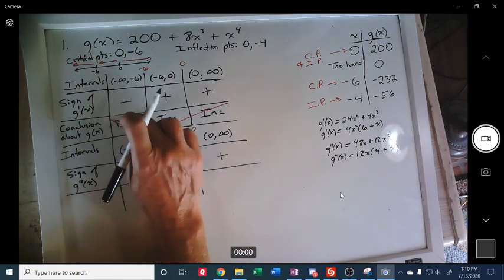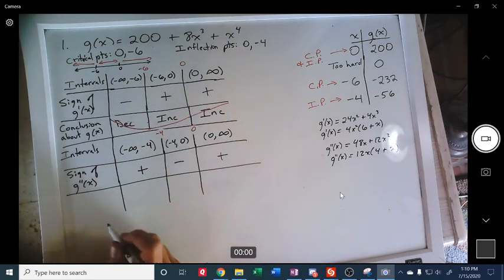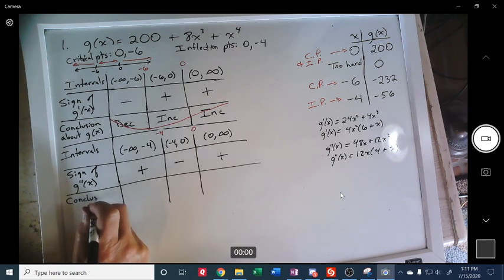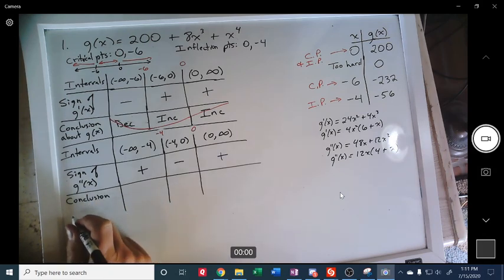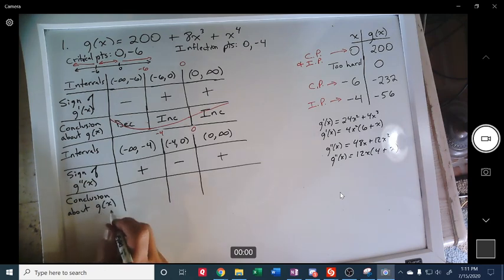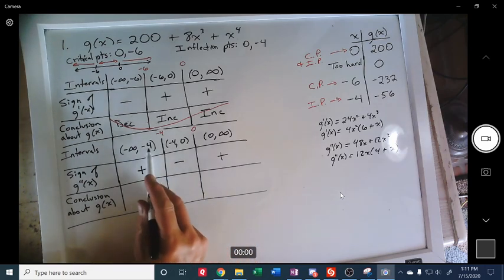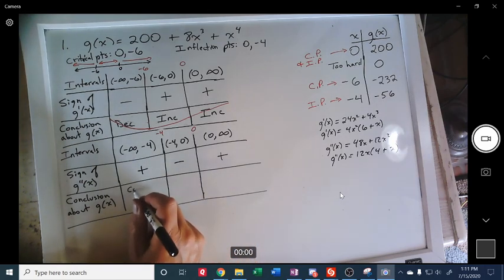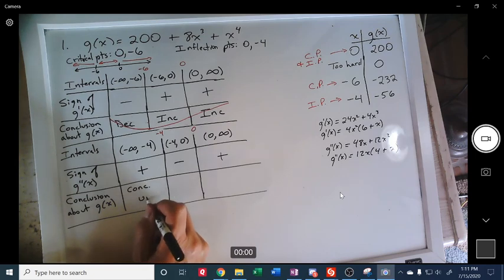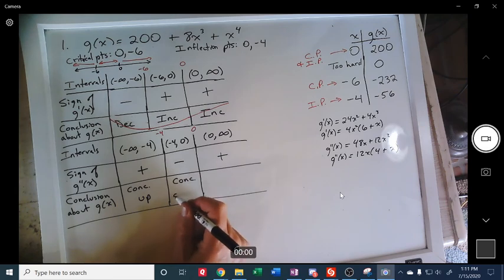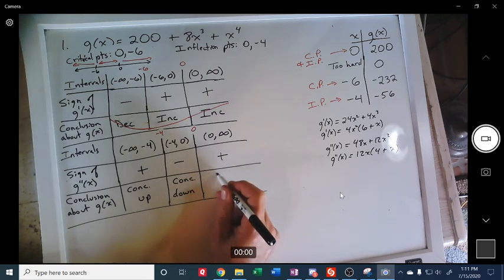Now, sign of G prime prime gives a different conclusion about our original function G of x. It tells us that in this region we are concave up. We are concave down. We are concave up again.